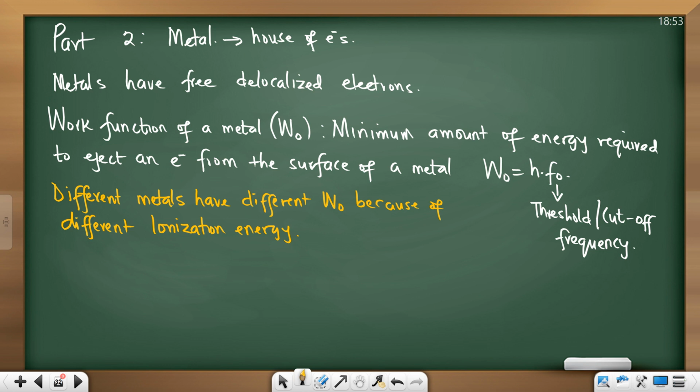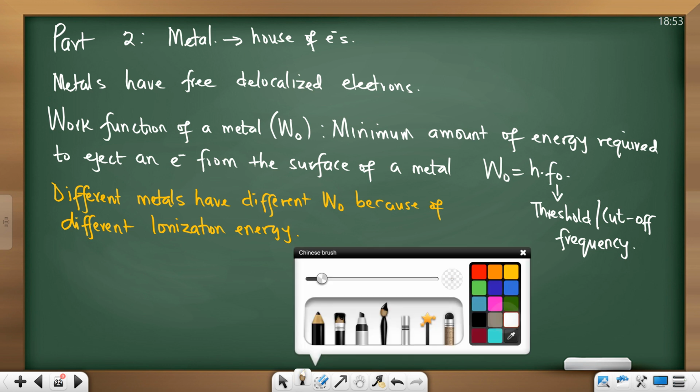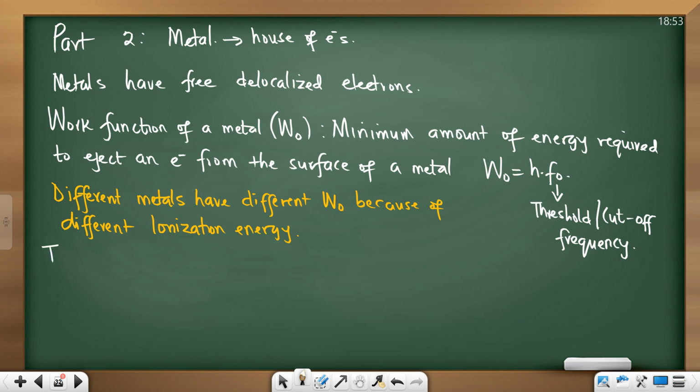So the first ionization talks about the energy required to remove the first electron. And the second. I want you to see how it's connected. Here, what are we also doing? Removing electrons. Okay. Now, let's define threshold frequency. Threshold frequency is very similar to work function. The only difference is what?